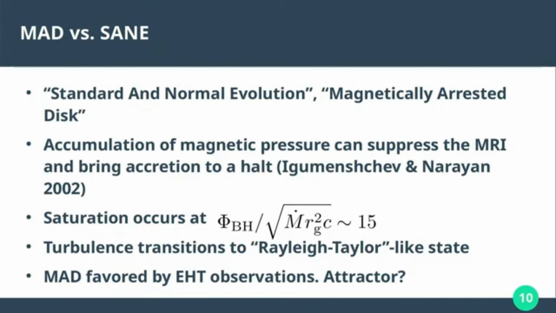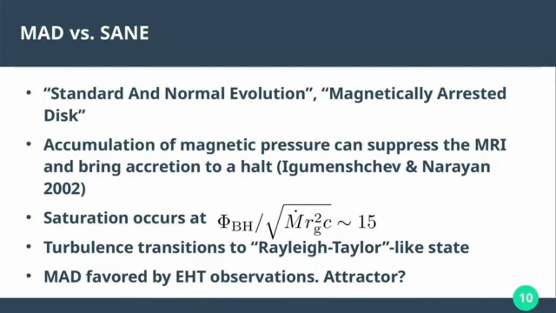We will talk in the next slide about what the magnetorotational instability is. But one can imagine the SANE disks more or less like a quiet stream of water. There is turbulence in it, but it is in general quiet.